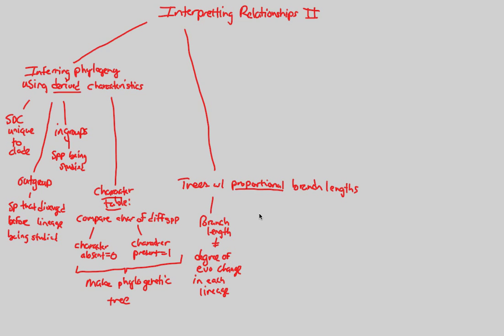Now that we've got that out of the way, we can actually look at the ones that are proportional. So we'll say sometimes we do see this proportionality, and this proportionality is going to be in reference to something. Well, that's of course in reference to evolutionary change. Sometimes this branch length that we see on the tree is proportional to evo change, or it's even proportional sometimes to even time itself.